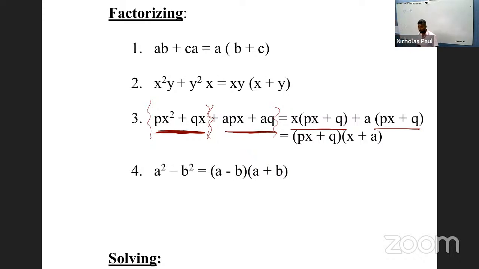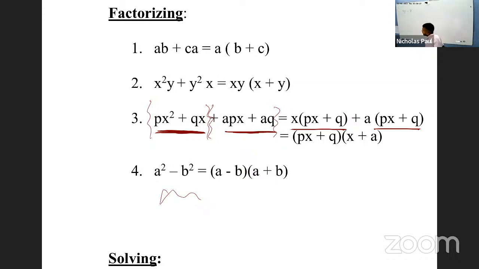All right? What about the next one? A squared minus B squared. Let's see for number 3.